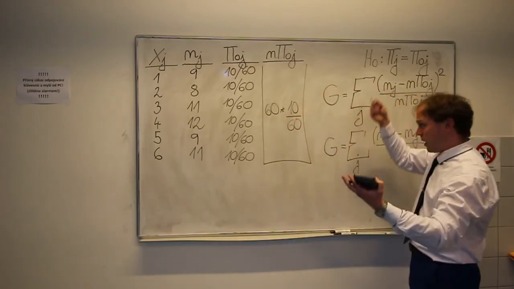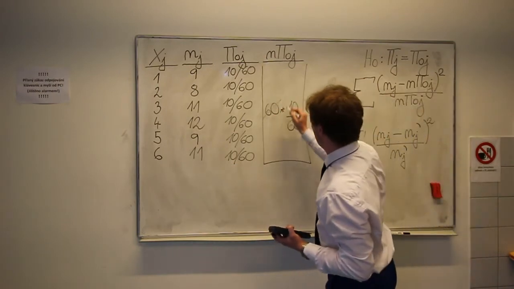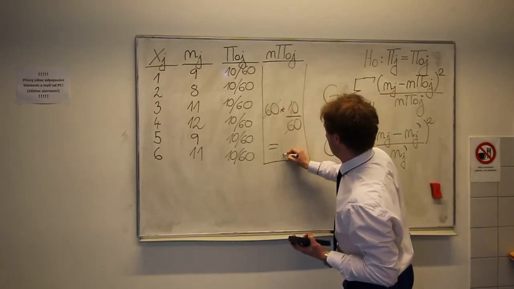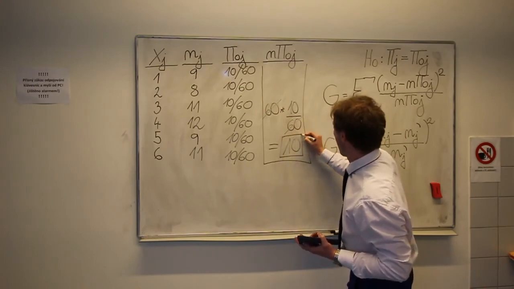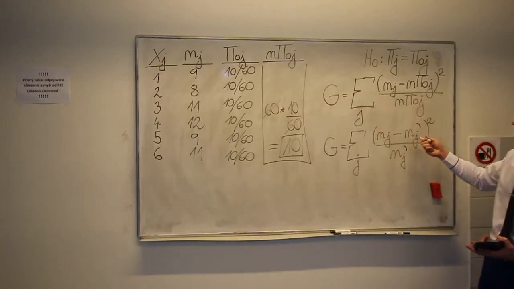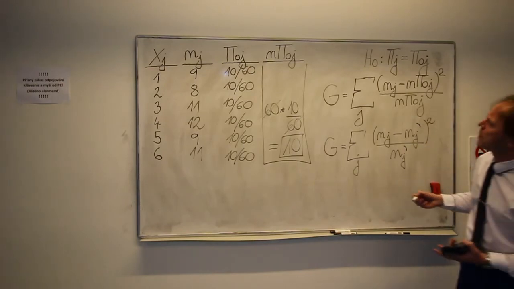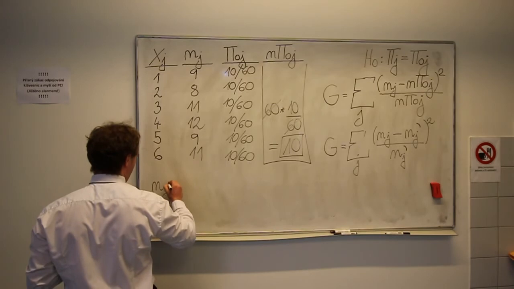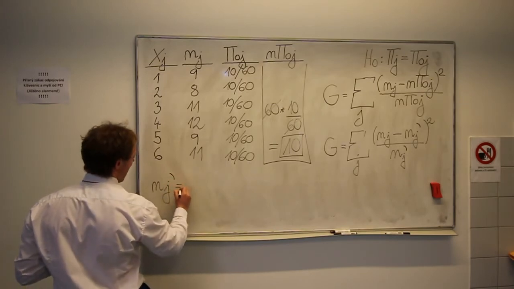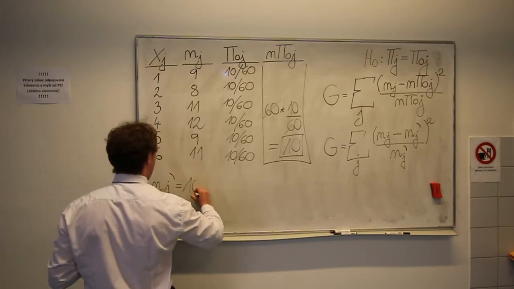So in all cases here will be 10. So I know what nj with stripe is: nj with stripe is equal to 10.